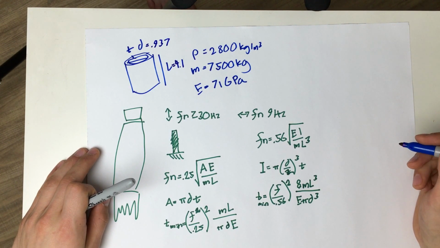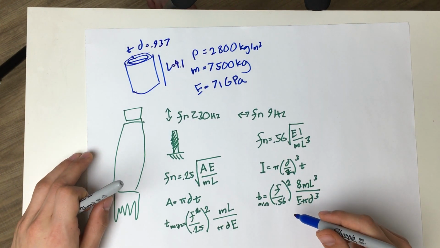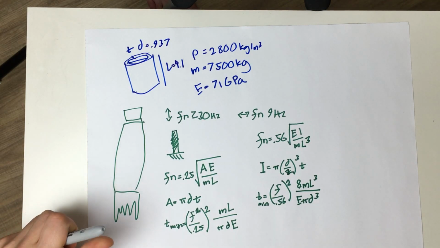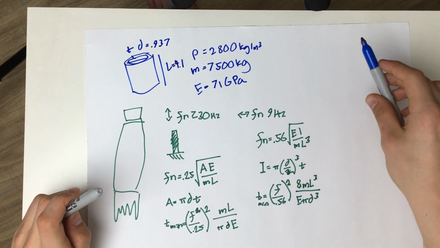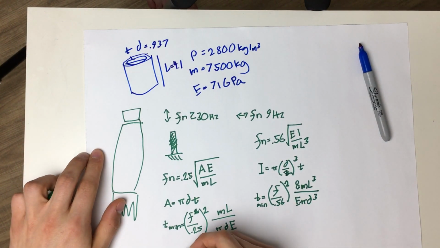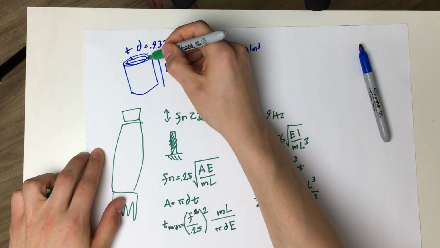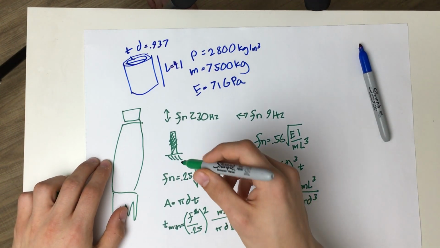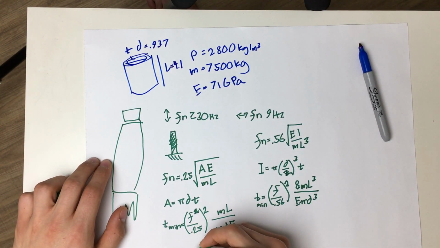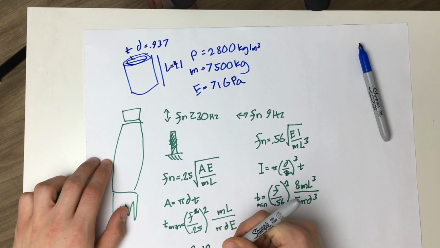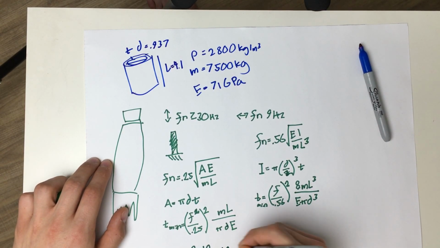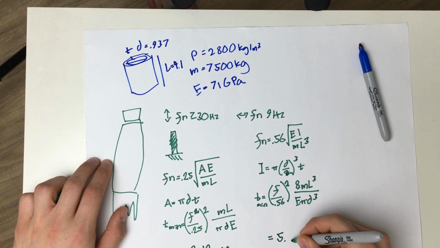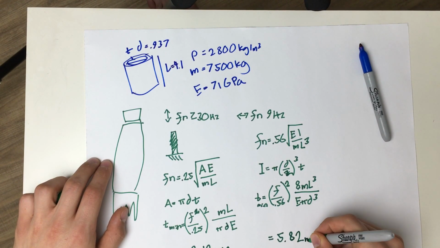So we have all of these values, and if we simply do some substitution, we can come up with the minimum thickness that we need to meet this vibrational requirement. If we do it in the axial direction, that's going to end up being 2.12 millimeters. I'm not going to calculate all this out for you guys, but in the other direction, it's going to be 5.82 millimeters.